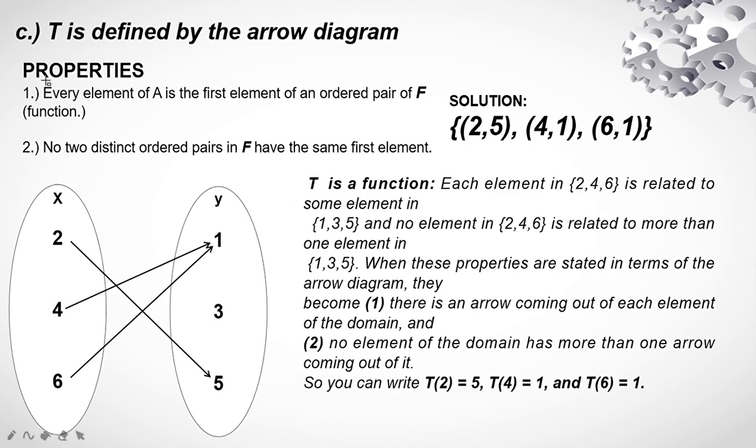Bakit siya function? Tignan nyo. Ang first property natin: every element of A is the first element of an ordered pair of f or function. So, tignan natin lahat ng element dito. Dapat ito nasa unahan ng lahat ng ordered pairs natin. Andito yung 2. Sa unahan pa rin, 4. Andito yung 4. 6.